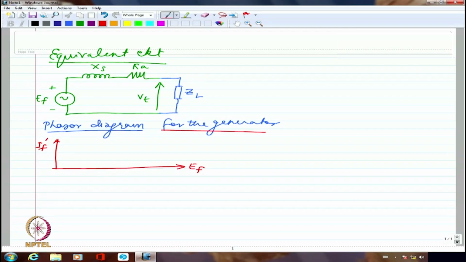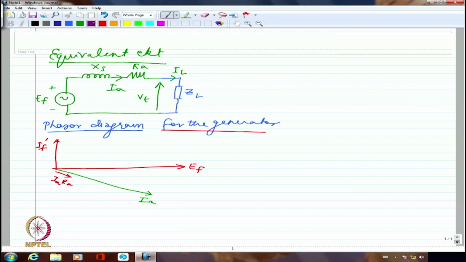So this is EF, and I am probably going to have my current which is somewhat like this. This is going to be IA, if I may call this IA, or this is IL, same as the load current. So this is the load current, and with respect to load current, if I draw a similar vector in phase with that, that is going to be IA RA.